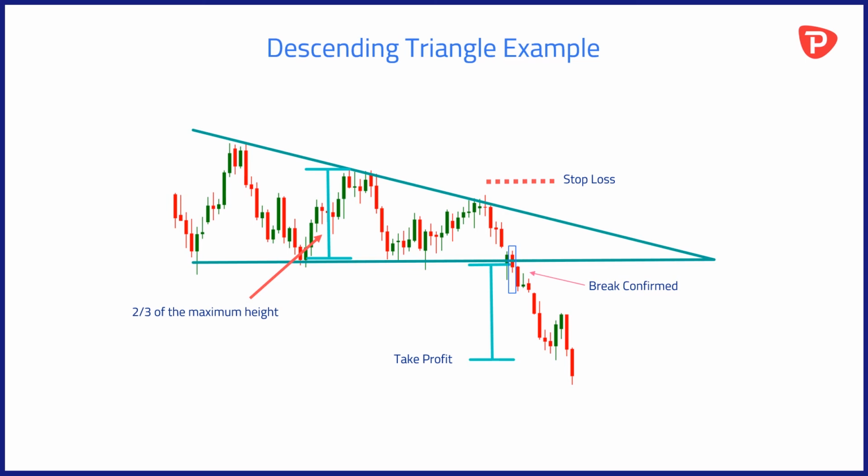It makes sense that the more a region is respected, in this case the upper sloping boundary that forms the top of the triangle, the more likely that the sellers will win the battle to restrict price from going any higher. On the bottom of the triangle, the more that the support line holds price as it continually bounces down and rejects off it, the more significant the break will be when price eventually breaks through and closes below the bottom of the triangle or support line.